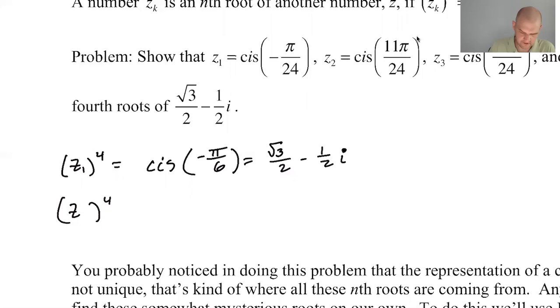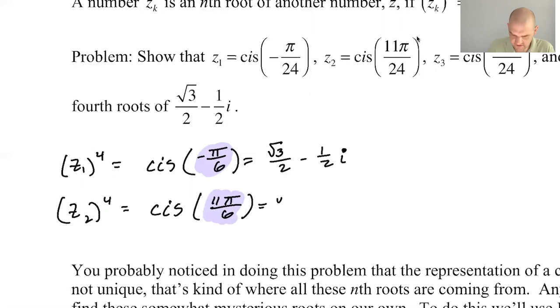I don't think so, but it's meant to be. z2 is going to give me cis 11 pi over 6. These angles are coterminal, so we know it's got to give you the same thing. So it's going to give you radical 3 over 2 minus 1/2 i.